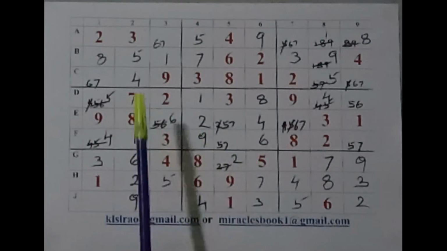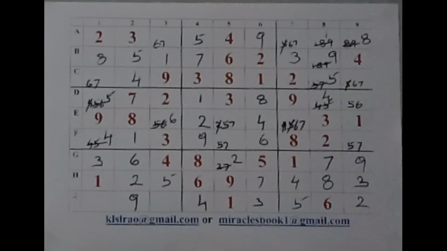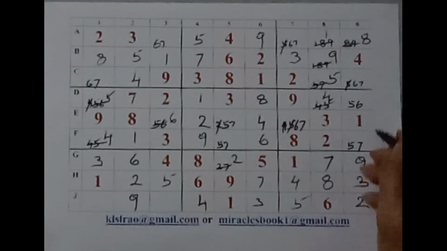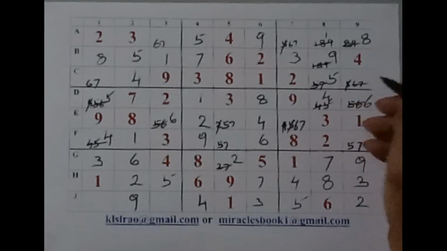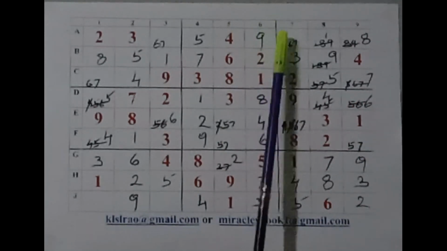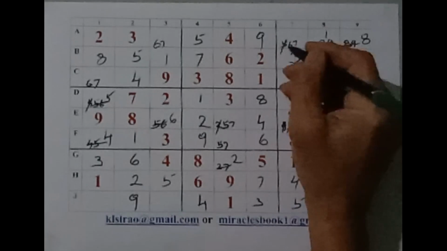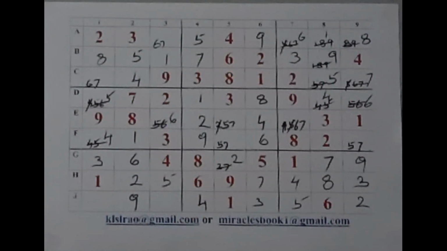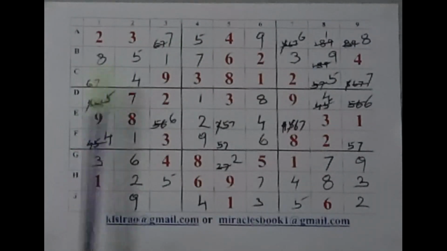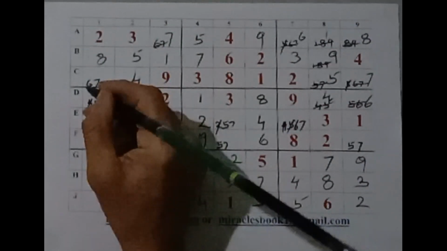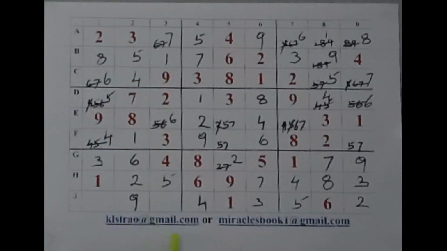And now that 5 will result in 6 there. That's a 6. Above it's a 7. And there it's a 6. 6 there. And here it's a 7. 7. And here it's a 6. 6 there.